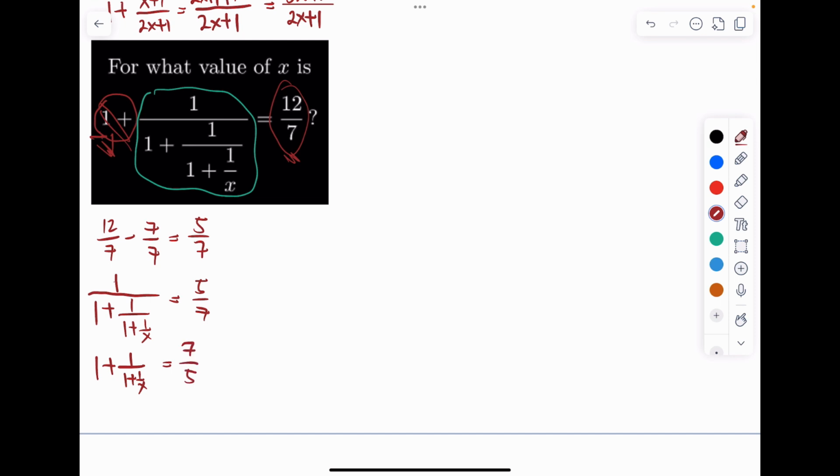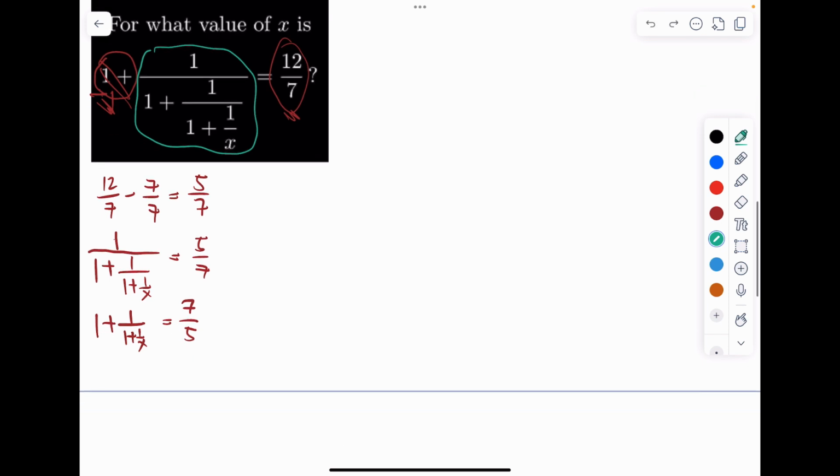And then our right side will become 7 over 5. Then we're going to do the same thing: subtract 1 again on the left side, and also on our right side. So the only thing left here will be 1 over 1 plus 1 over x, and then we subtract 1 on the right side, so that's going to be minus 5 over 5.